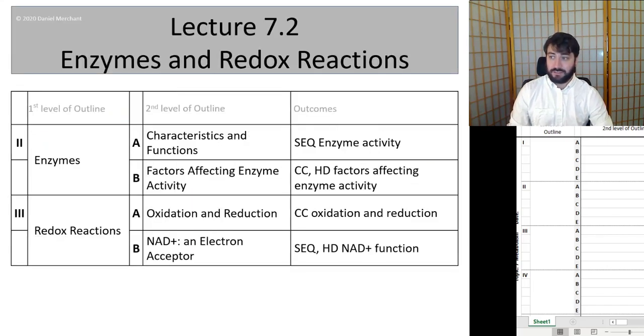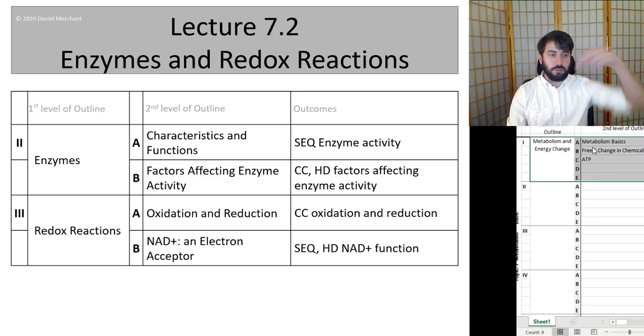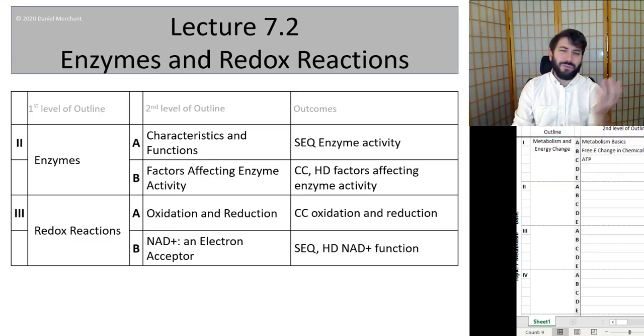So next lecture, we're going to be talking about enzymes as well as redox reactions and what those mean. In the meantime, though, what I can do is fill out my BIOS form for this past lecture since I've been so lazy about it. There we go. That's nice and filled out. But you guys could have already done that.